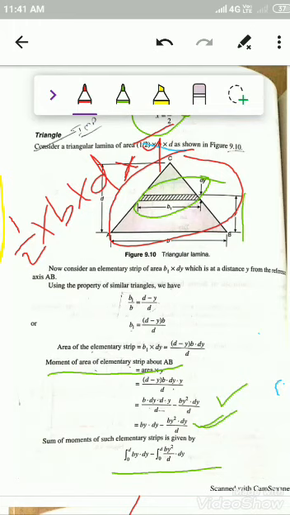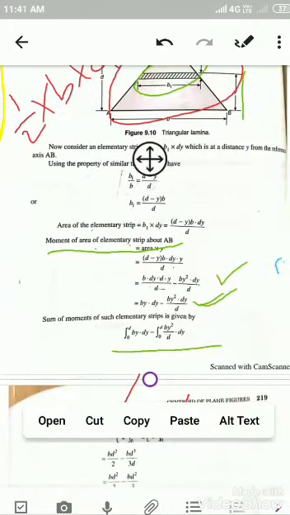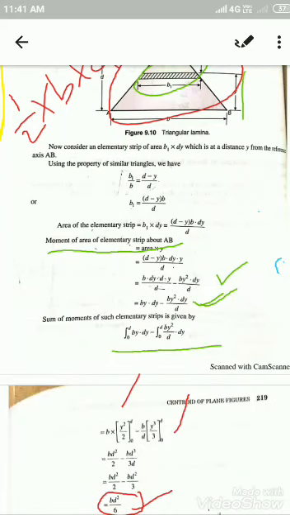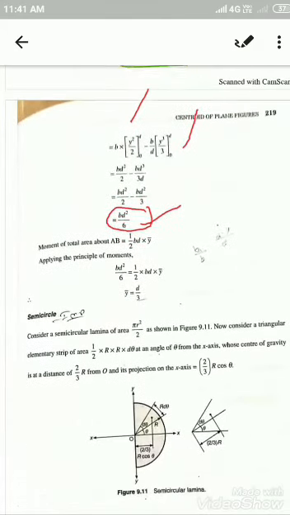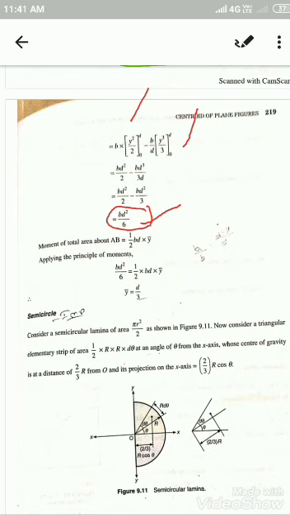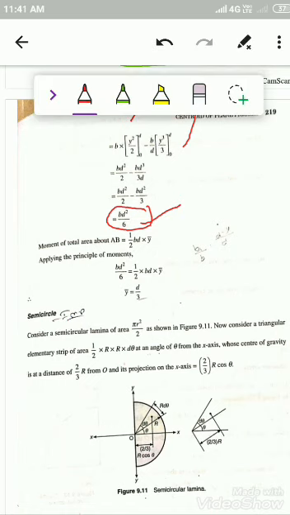Just observe, I will show here. So the moment of total area about AB is half into base into height into the y bar distance.